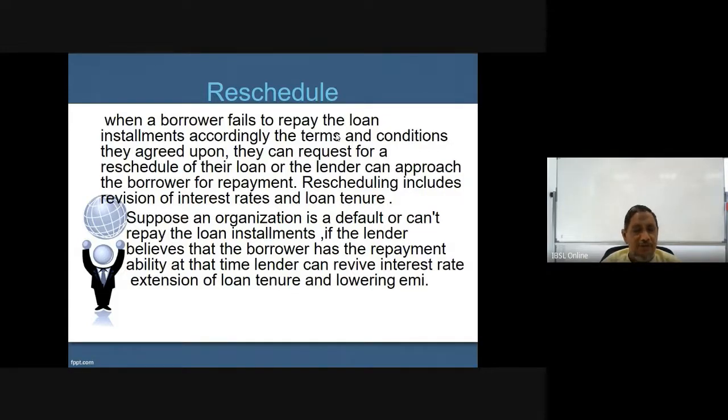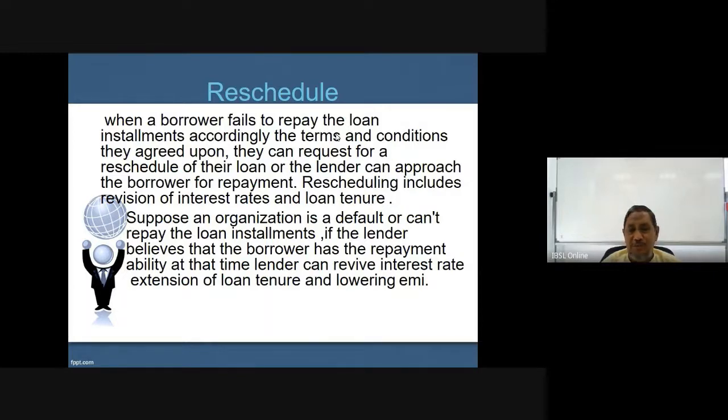If he comes to negotiate with the bank that he is unable to pay the loan installment, the best option for us is to reschedule the facility: grant a new facility for the existing value and give an extended period. That's one option. The second option, without changing anything, is to extend the period only and reduce the loan installment to match his cash flow, so the customer can pay back.